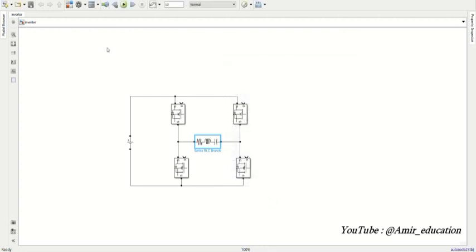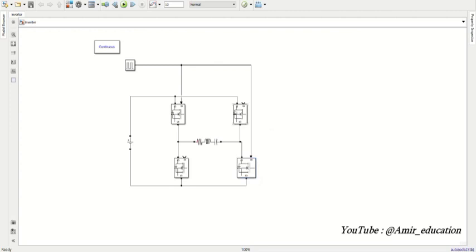So let's add the power GUI and pulse generator. Let's call this MOSFET number 1 and this one number 2. No, it cannot.